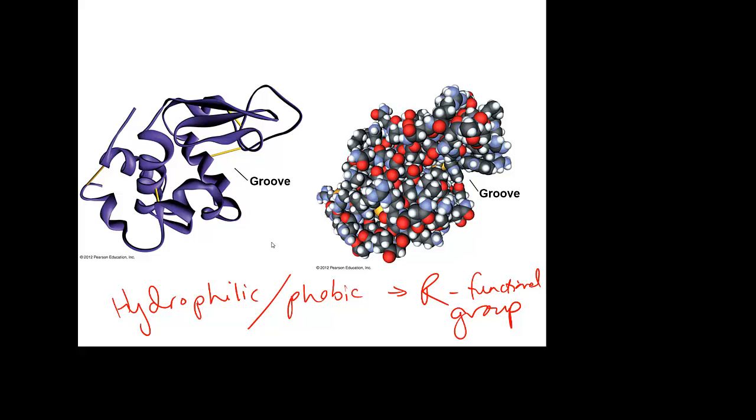And when it folds in your body, exposed to water, all of the hydrophobics are on the inside and all the hydrophilics are on the outside. When it folds, it's going to form this groove known as an active site. This will be a critical piece of our enzyme discussion and how they actually function.